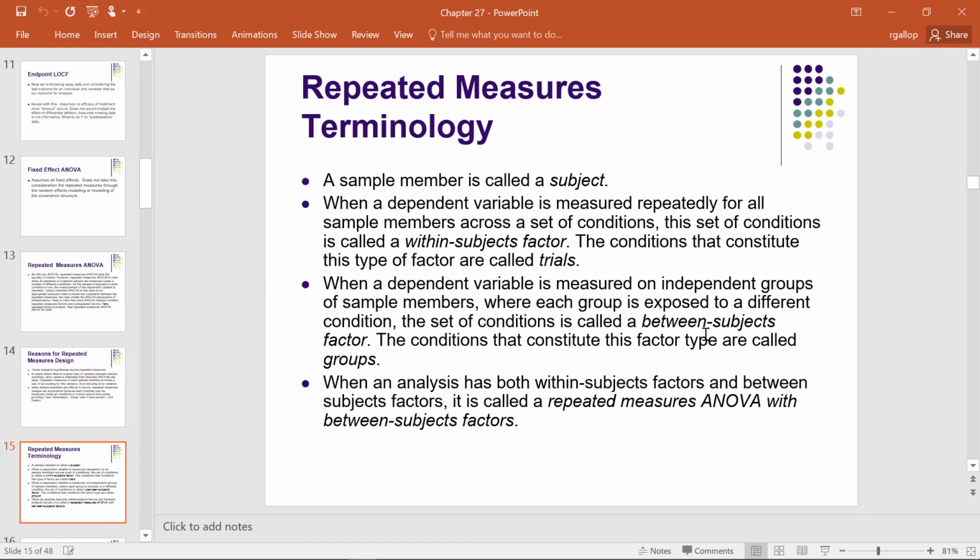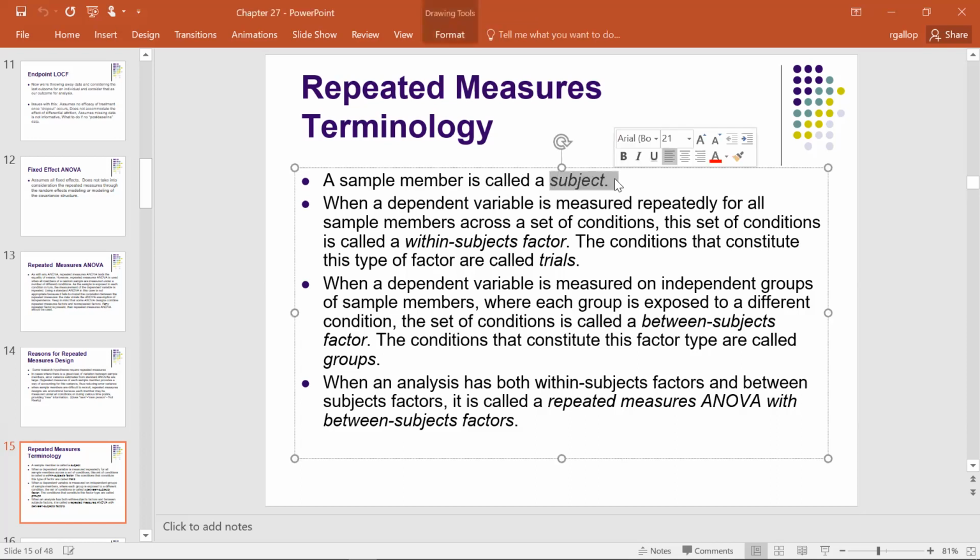The big thing with repeated measures is that we need to know where the repeated measures are coming from. Where the repeated measures are coming from is called the subject variable. When a dependent variable is measured repeatedly for all sample members across the set of conditions, this is what we call a within subject factor.